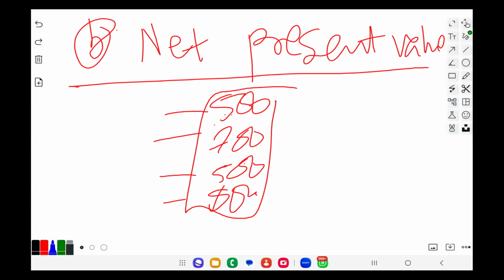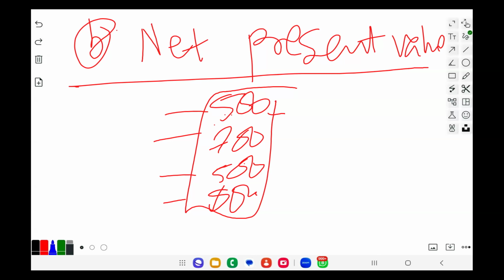So this 500, for example, is coming after 1 year. We learned from the time value of money concept we covered that the value of money today shall not be the same after 1 year, or after 5 years from now.